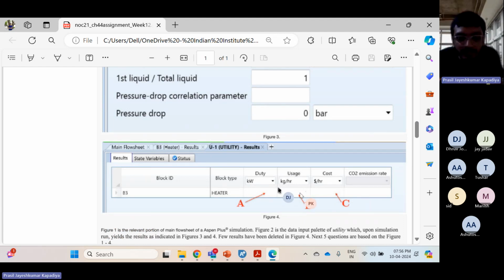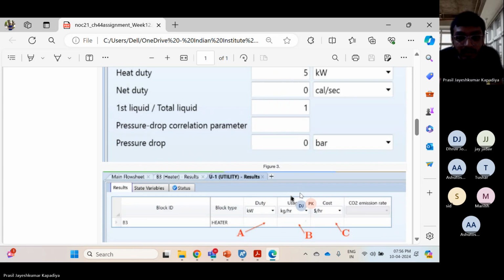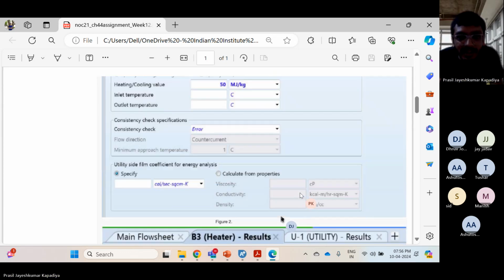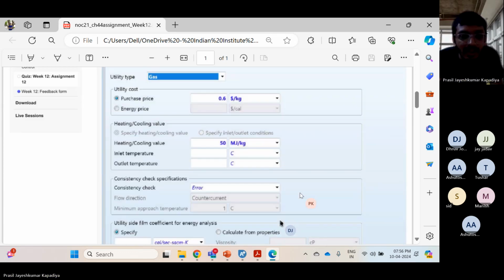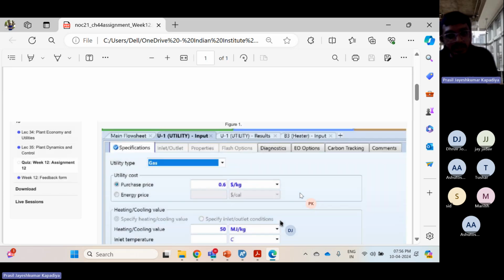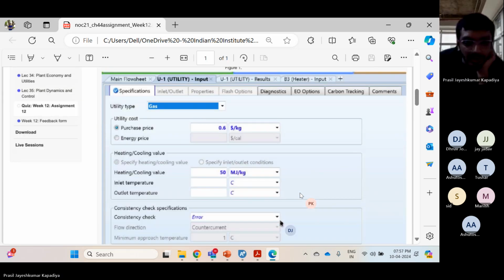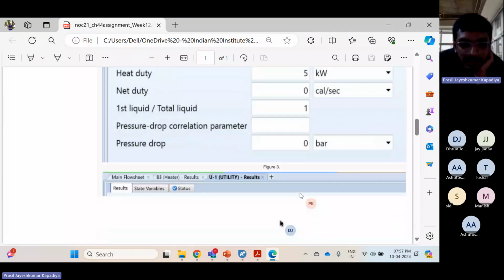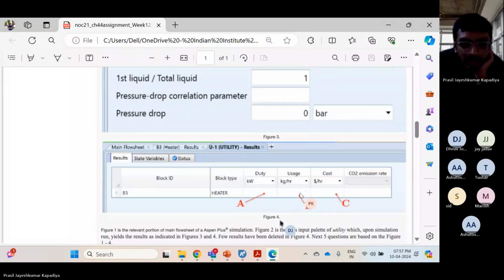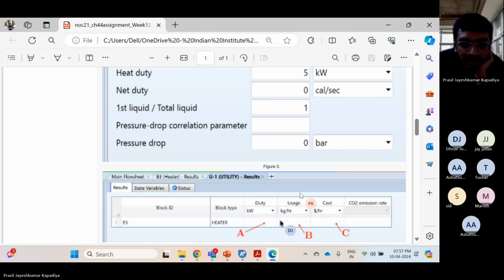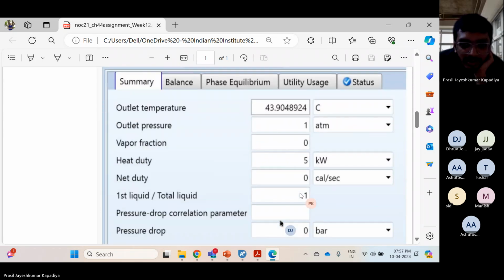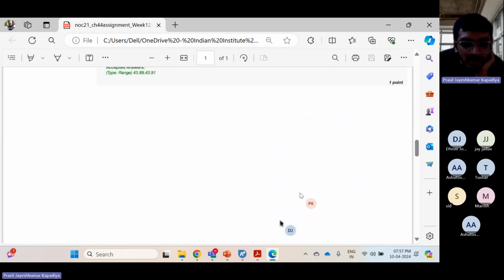Okay, usage. What is usage? How can you get usage? Okay, what is that stream? Let's check. Kg per hour. I guess you just need to convert it.